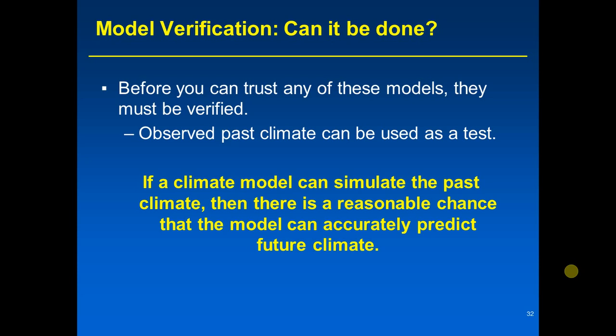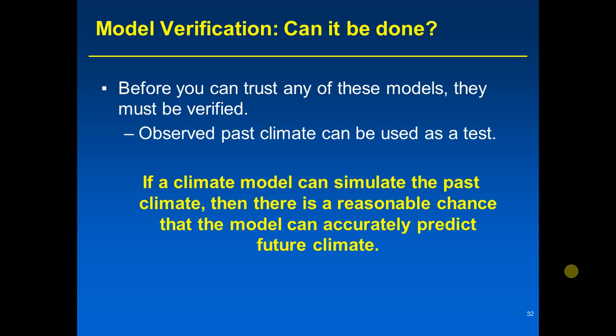So let's see if the climate models can reconstruct past temperature changes, and if they can, then we can have fair confidence that they can accurately predict the future climate.